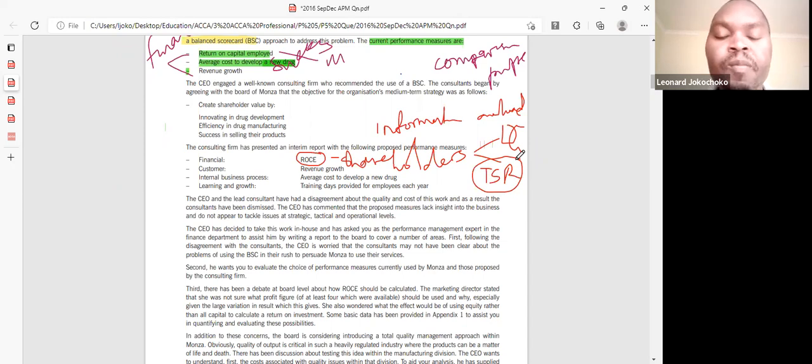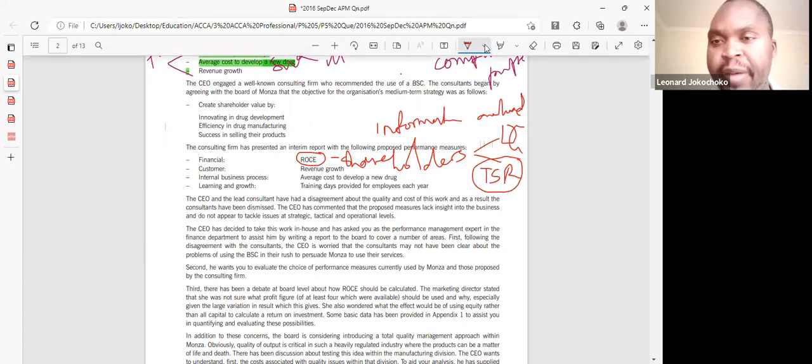In addition, it might be more appropriate to use ROCE with other metrics. I'm showing here that we can't use it alone to measure financial performance. There are so many things to measure in financial terms, so using one metric does not appear to be a good idea. I said 2 marks for my answer, which is now structured.